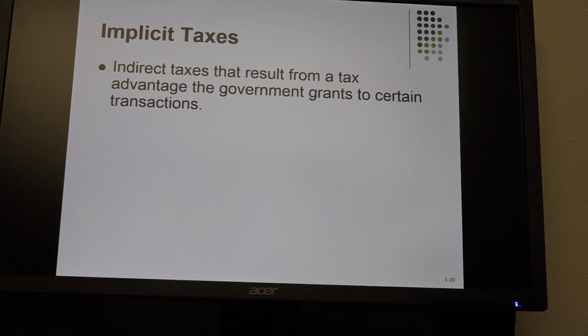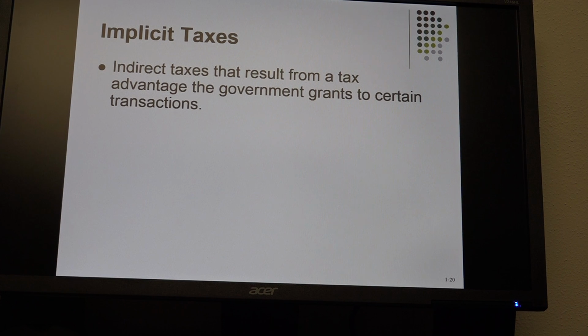And they give some examples of comparing a corporate bond with a municipal bond. Usually municipal bonds, because of their tax advantage to the holder of the bond, are not taxed. The income on a municipal bond is not taxed.